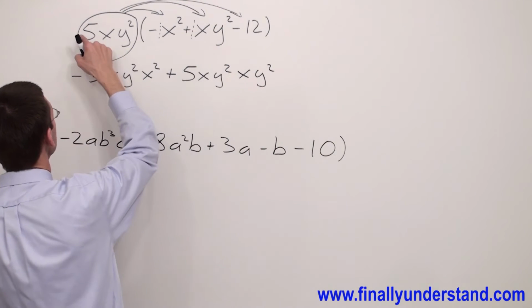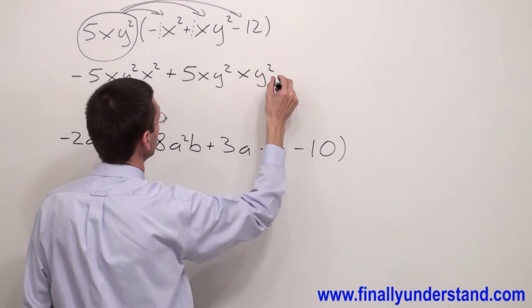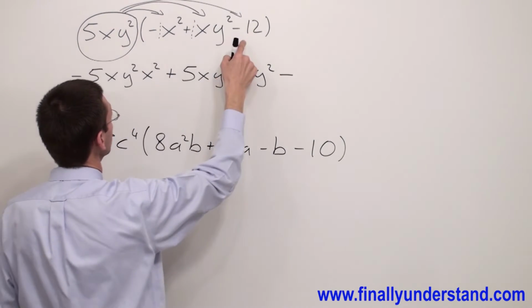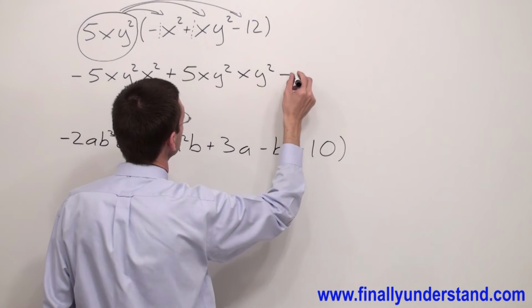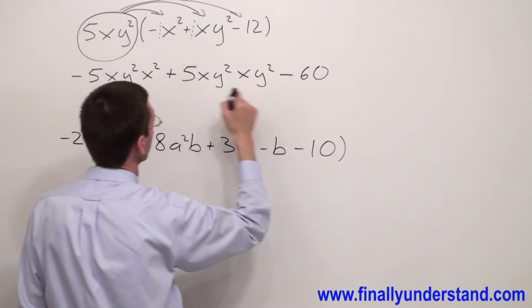Next, I have invisible positive sign times negative. Sign is negative. 5 times 12 is 60. And I copy down xy squared.